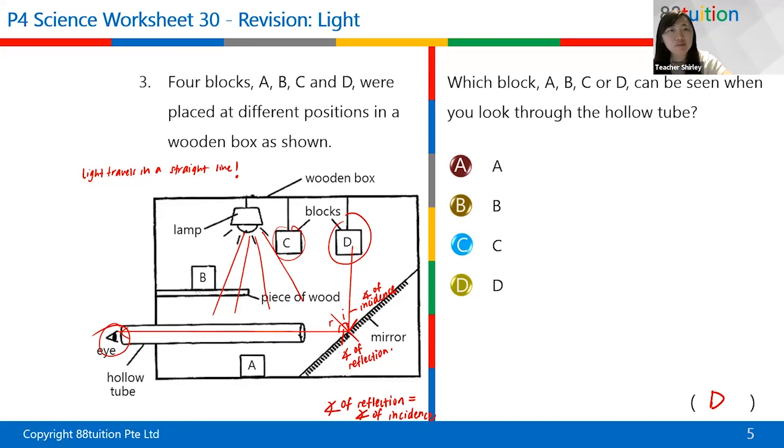Someone is typing in the chat. Let me see. Okay, Sharvi is writing the answer for the next question, is it? Right, okay, let's move on.